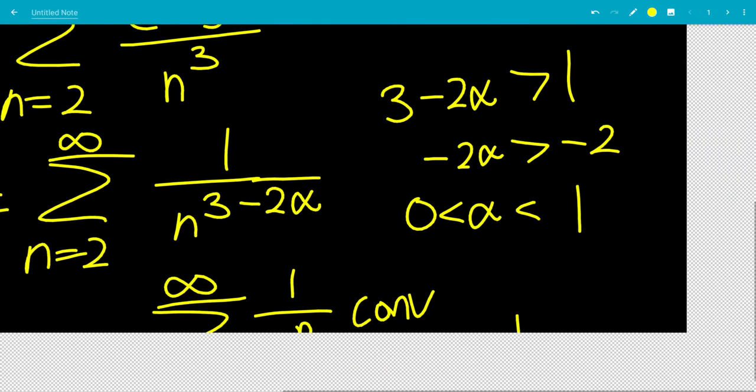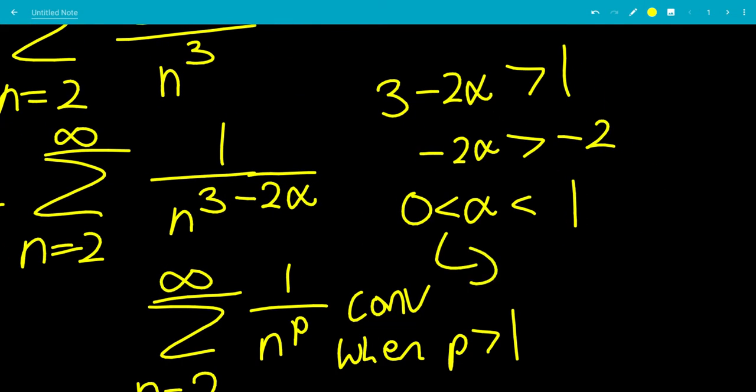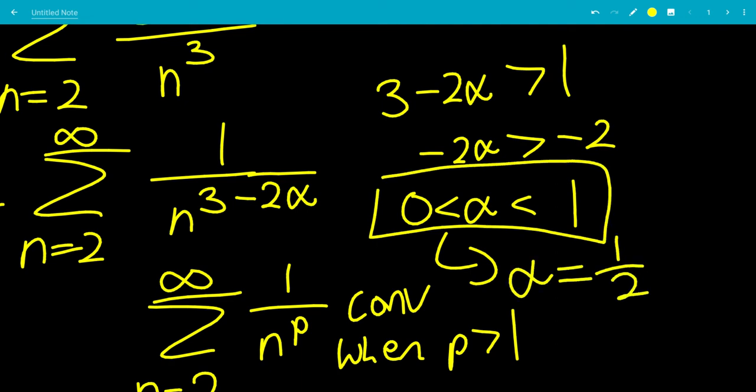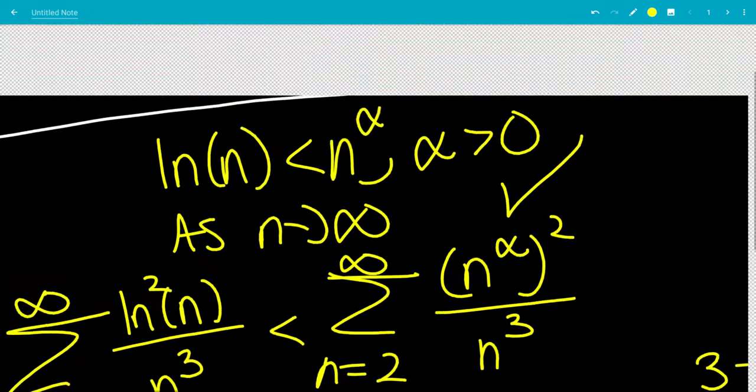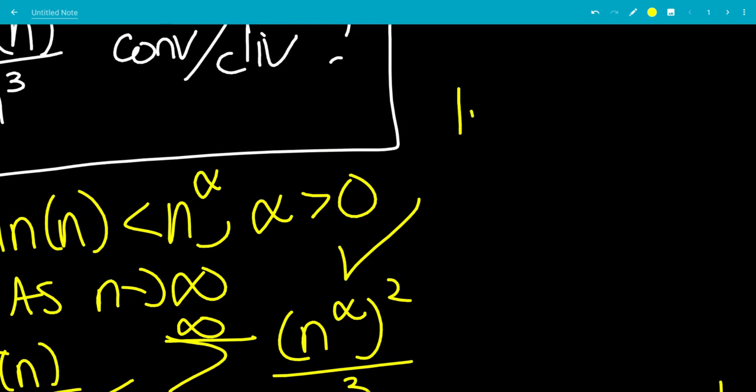So we can pick any value between 0 and 1. Let's just pick a to be 1/2. That means ln n is less than n to the 1/2, which is the square root of n.